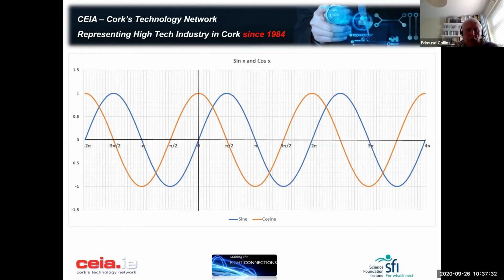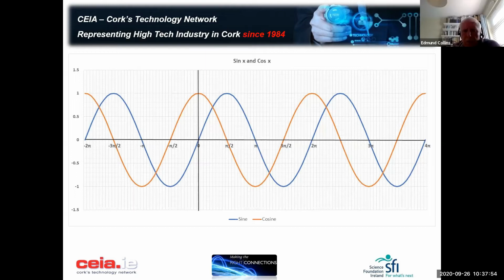The negative angle is basically an angle going in the clockwise direction. If we were to go back to our previous slide, we looked at the first quadrant rotating in an anti-clockwise direction; rotating the other way gives a negative angle.